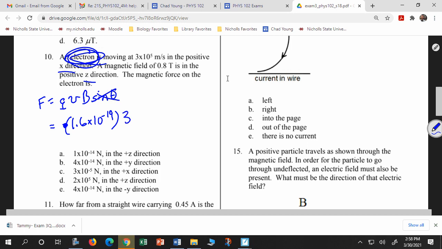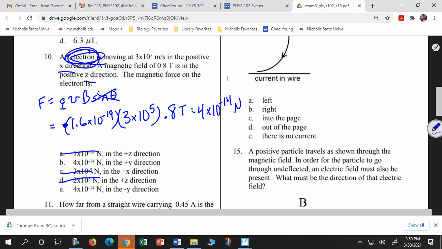V is 3 times 10 to the 5th. B is 0.8 Tesla. And that gives me my magnetic force, which is 3.8 or 4 times 10 to the minus 14 newtons.